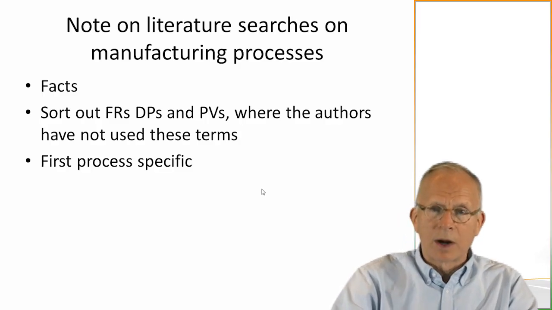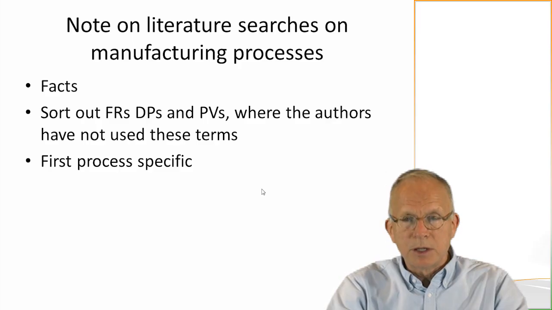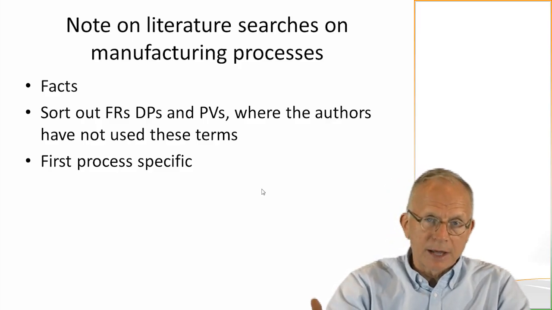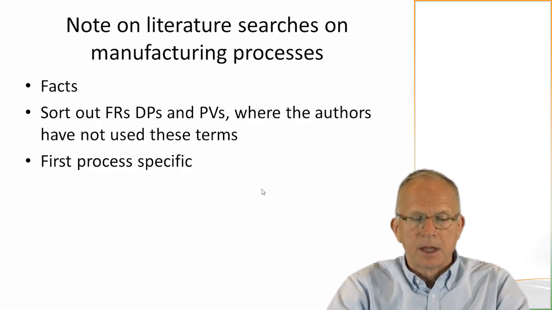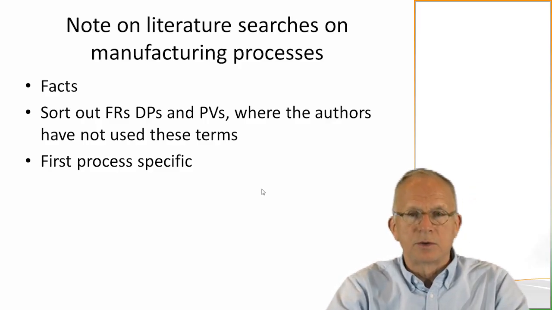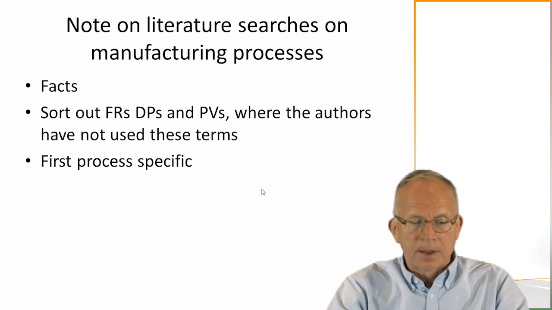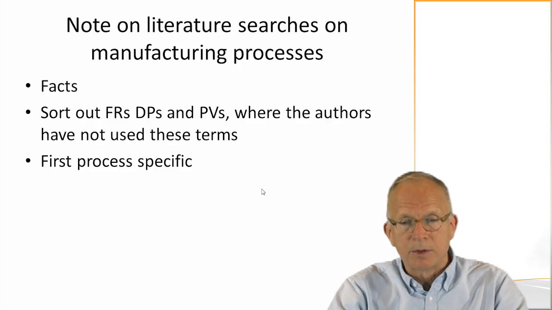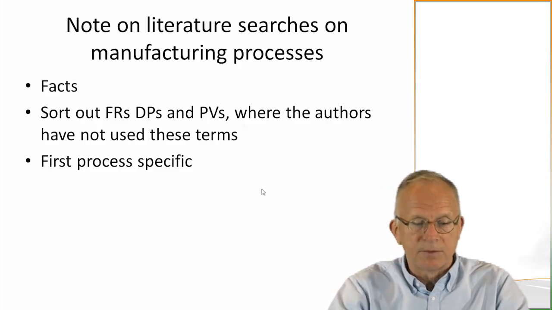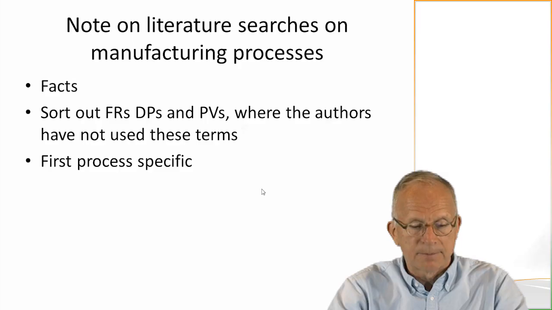Now, the first thing you want to do in your literature search is be quite process specific, so that you're looking at the process and the situation that you're interested in to see what the closest thing is to that. Generally you don't find exactly what you're doing, although if you have, you can do some reproducibility work to see if you can reproduce what the other people have done.